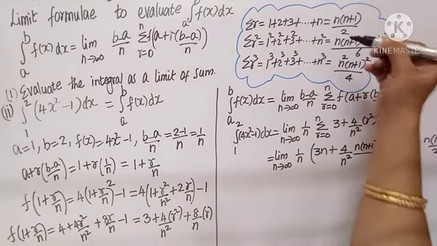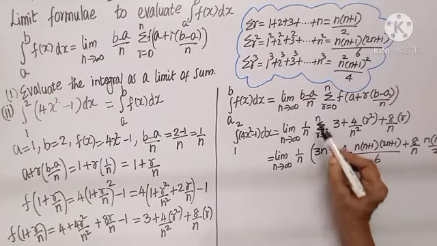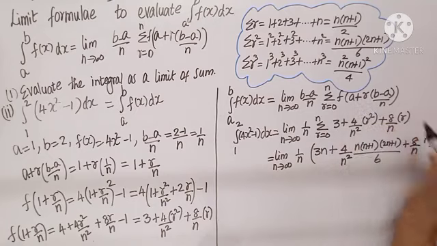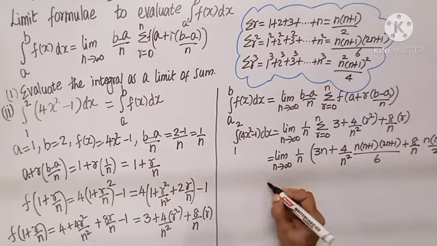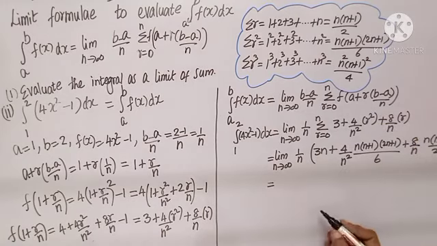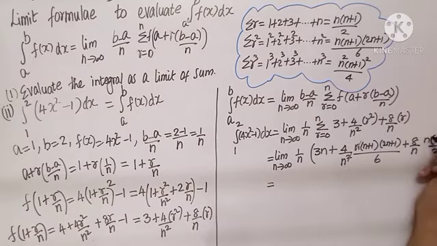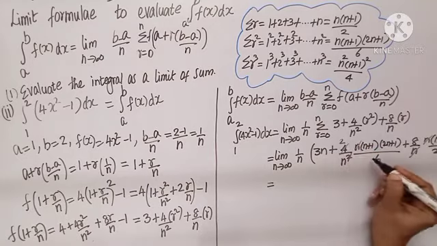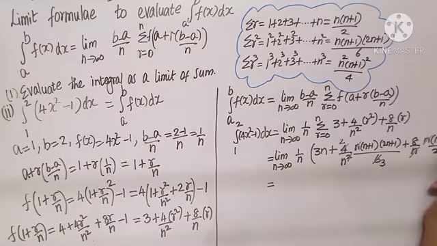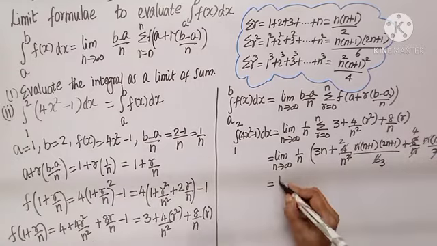I recall these formulas for sigma r squared and sigma r. Simplify by taking n in. The 1 n and 1 n squared cancel. 4 over 2 gives 2 times, 6 over 3 gives 3 times. Let us simplify taking n in.